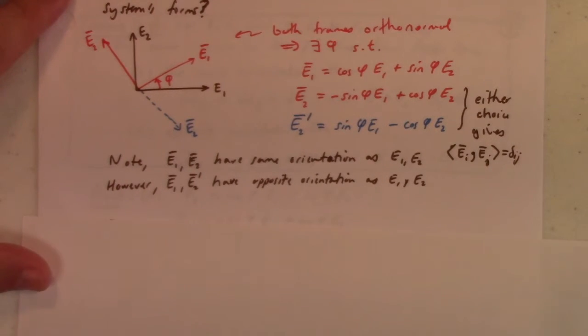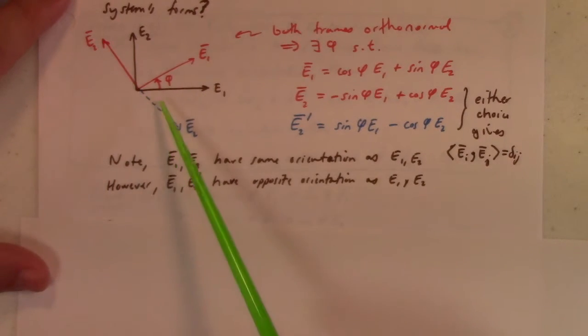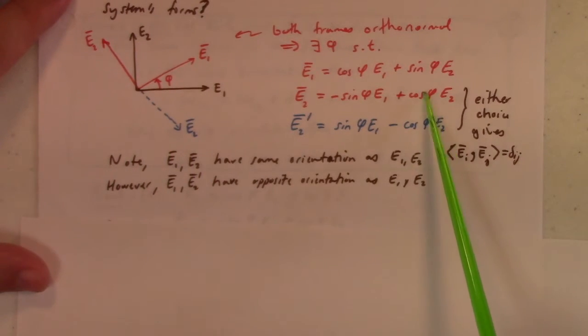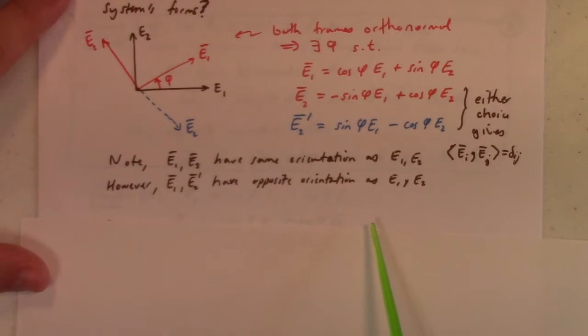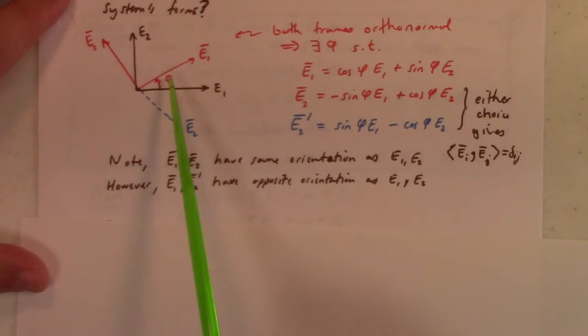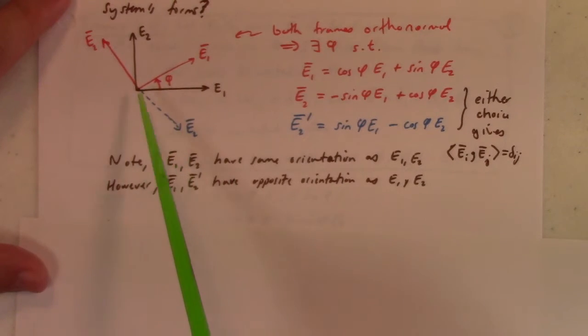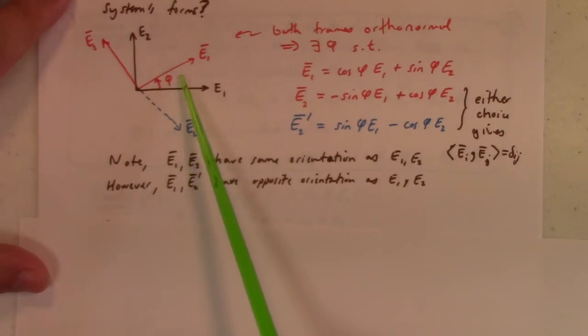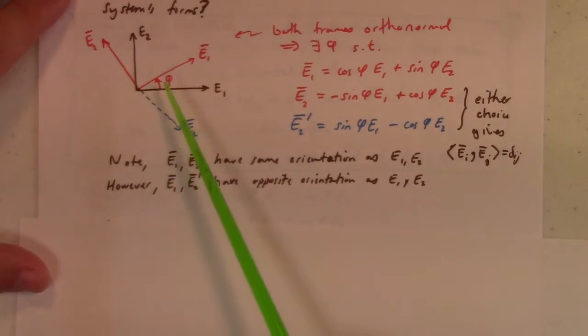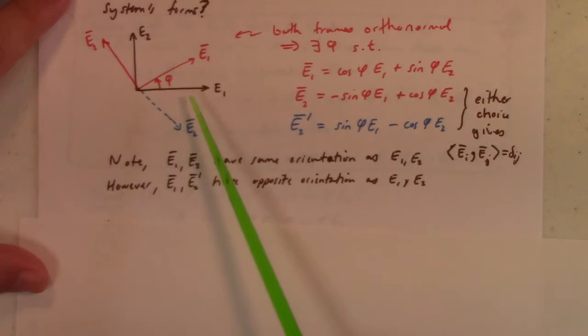Okay, so of course you have a choice. Once you have E1, you could either take this to be E2 bar or that to be E2 bar. So you could go 2 different ways here. Once you pick E1, you have 2 choices, right? One of those is said to be positively oriented and the other negatively oriented.